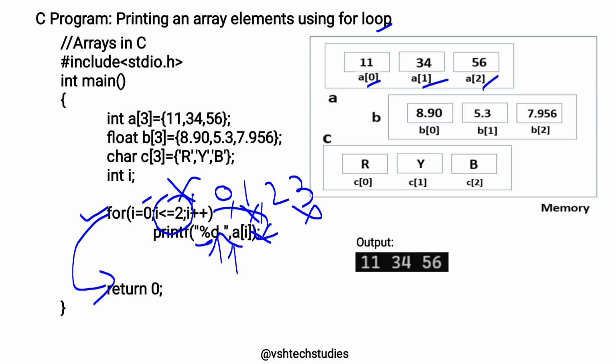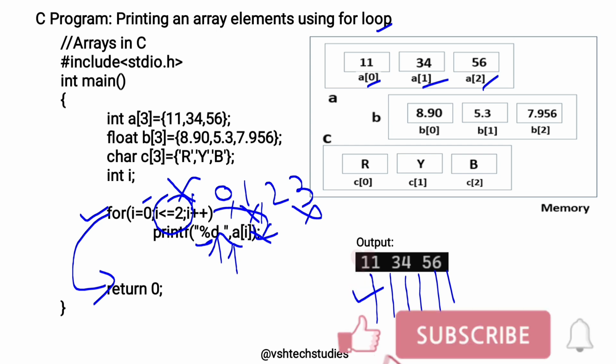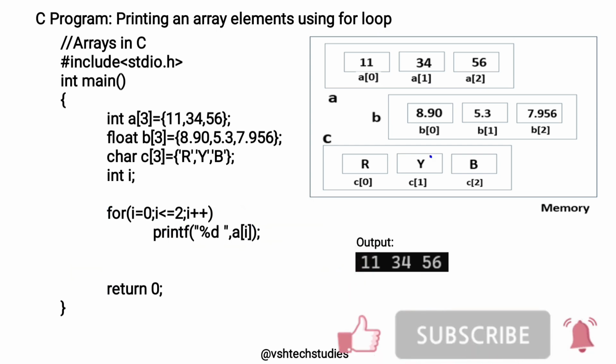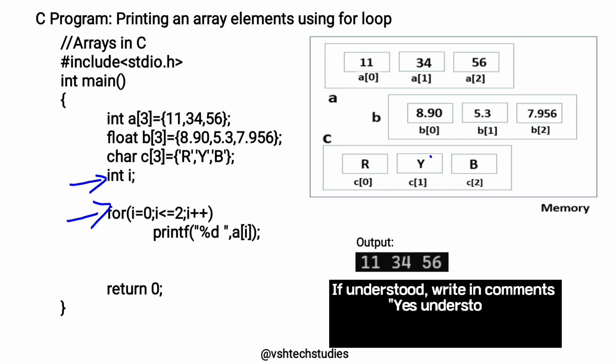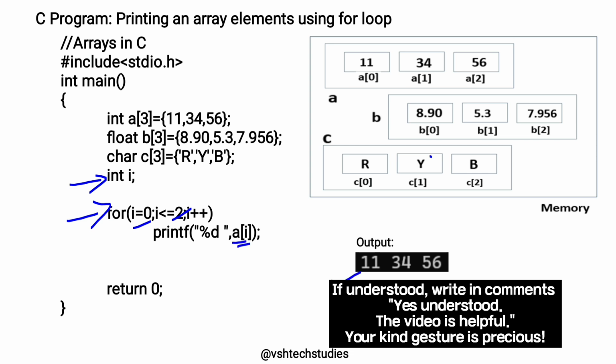It will go out of the loop body, that is return 0, end of program, and hence this output we have on the screen, that is 11 space 34 space 56 space being printed on the monitor. So this is how, using a single for loop and one i index and varying the value of the index from 0 to 2, array A elements are printed on the monitor.